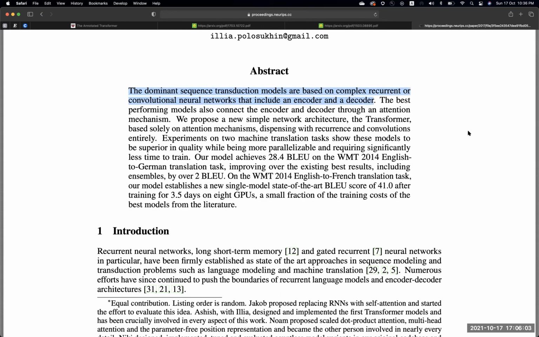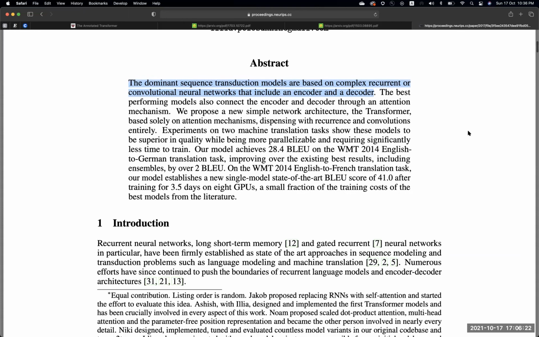As you can see in the abstract, the main idea is that the dominant transduction models. Transduction, as far as I could understand, is some model which transforms inputs into some other embeddings. RNN tries to take in the words and convert them into embeddings and hidden states, so that's why they are called transduction models.